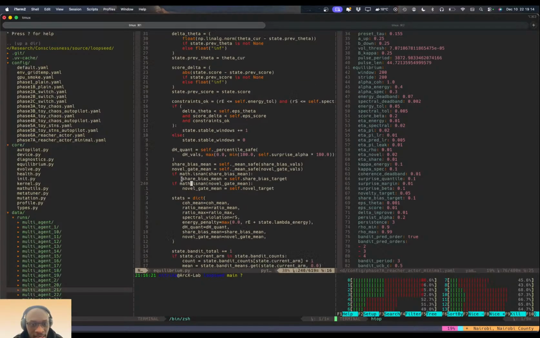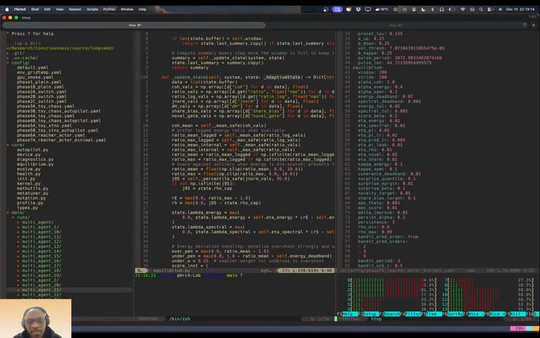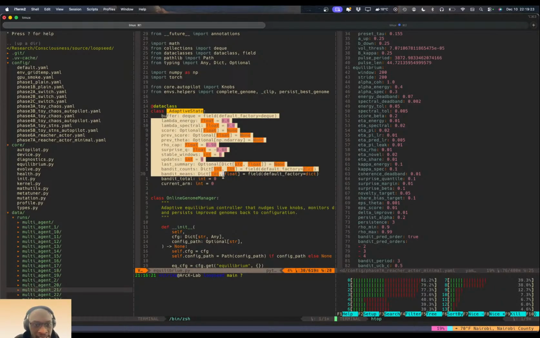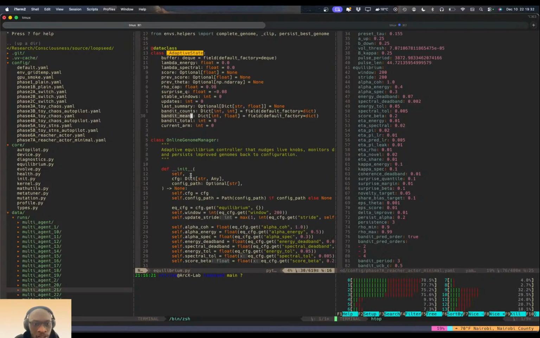So the state. Where is the state? Adaptive state. So this is the state, and this is the last summary. Bandit counts. So equilibrium just changes stuff online whenever the system trains.